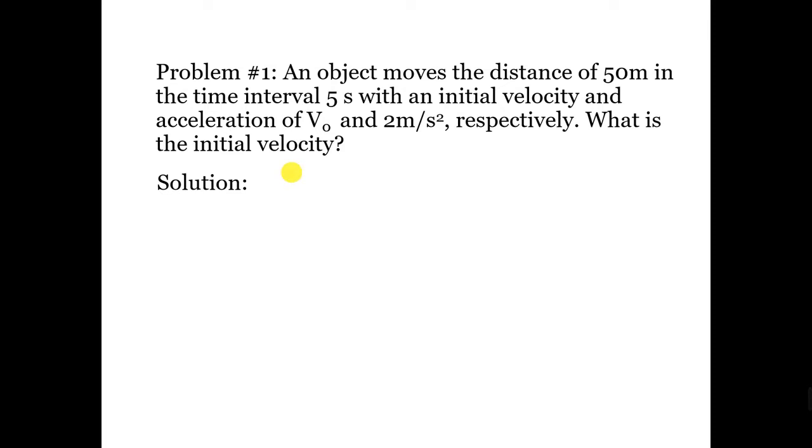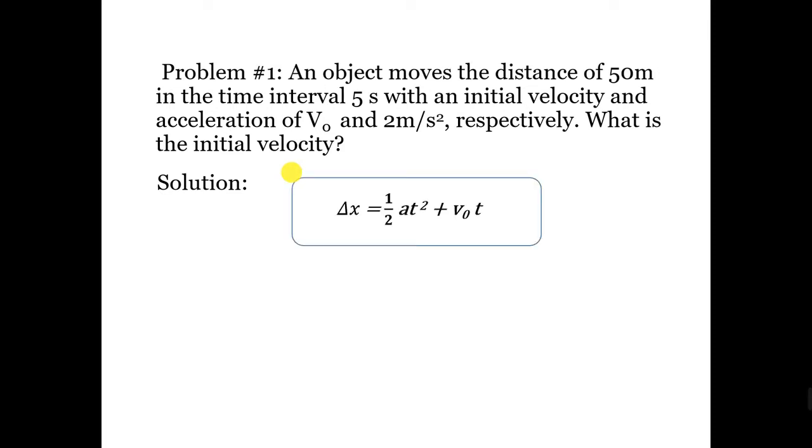We will use the following kinematic equation to find the unknown initial velocity. Distance, or change in distance, is the sum of half of the product of acceleration with squared of time and the product of initial velocity with time.